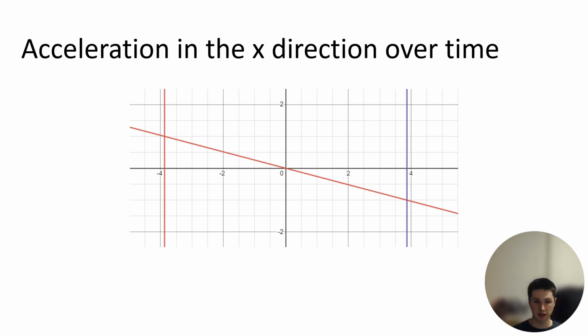So the last thing we can look at to understand the motion is the acceleration. This is the acceleration in the x direction over time, and we can see it looks pretty simple. It's a linear graph. The acceleration starts positive at the left side when the helicopter takes off, and then it's decreasing the whole way through at a constant rate, it looks like, and in the middle of the flight it gets to 0, and then it goes negative until it lands.